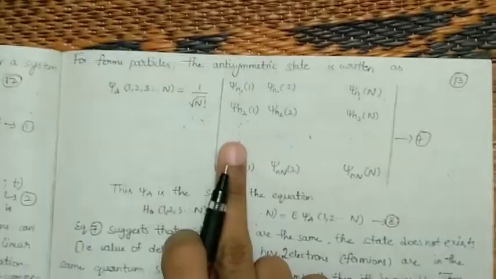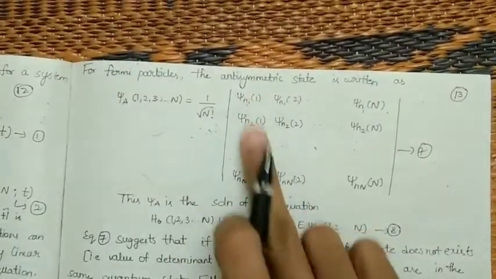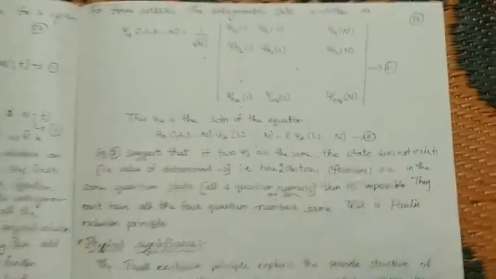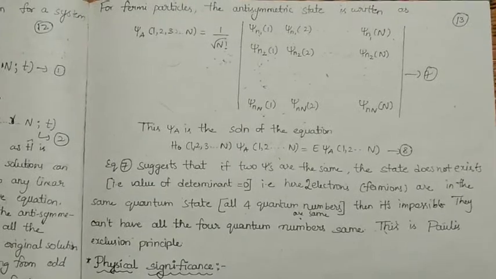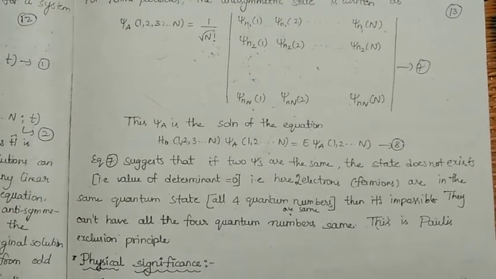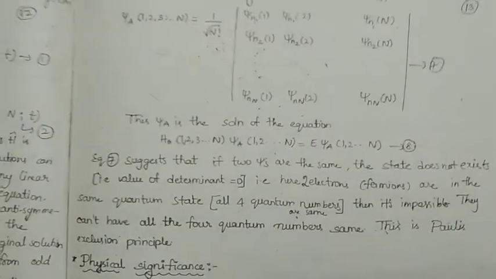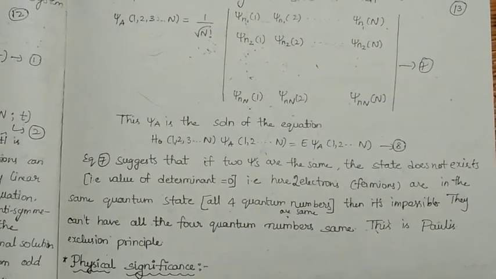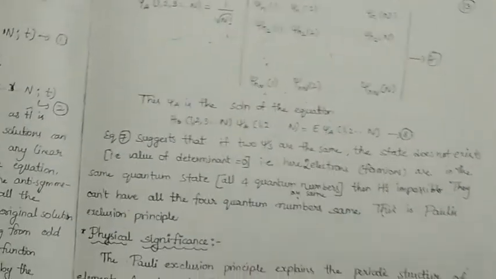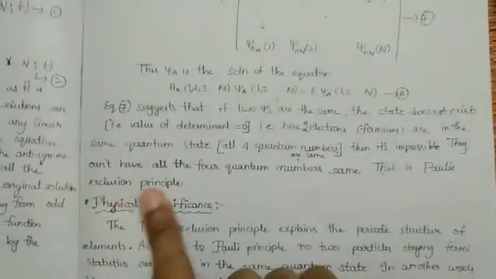So when the two electrons are in the same state, having all 4 quantum numbers the same, the wave function would not exist. That is impossible. Hence no two electrons can have all 4 quantum numbers the same. That is Pauli's exclusion principle.